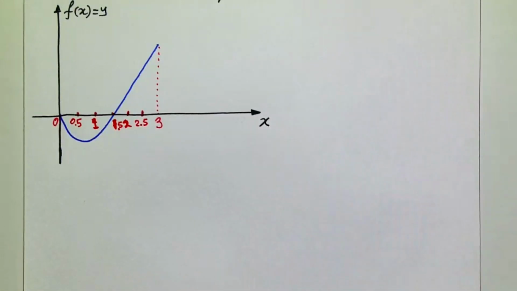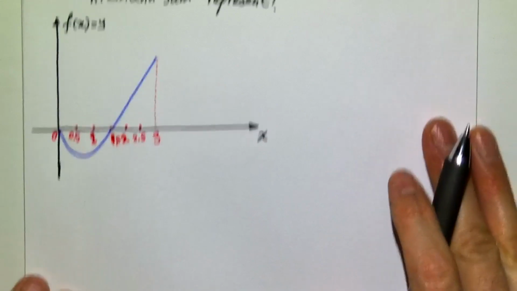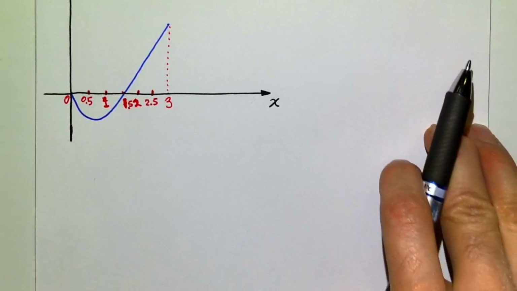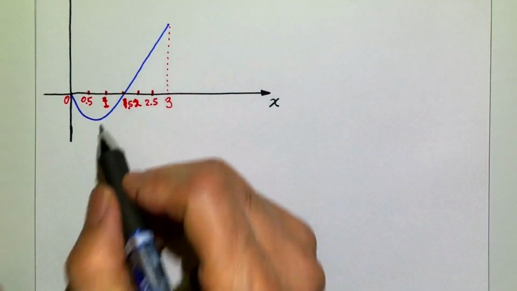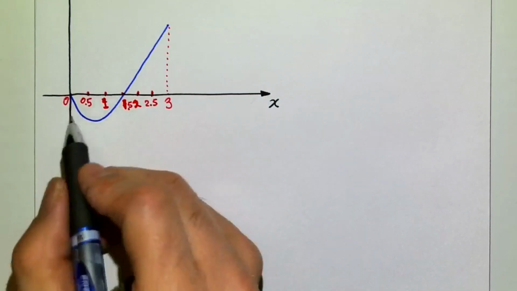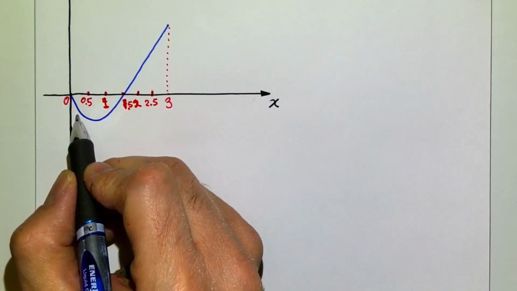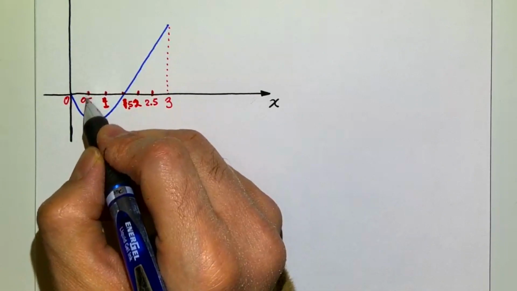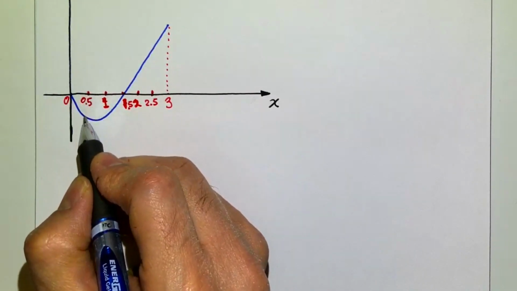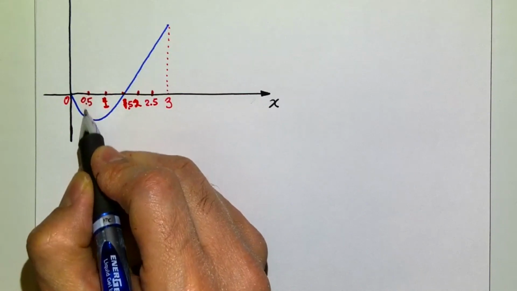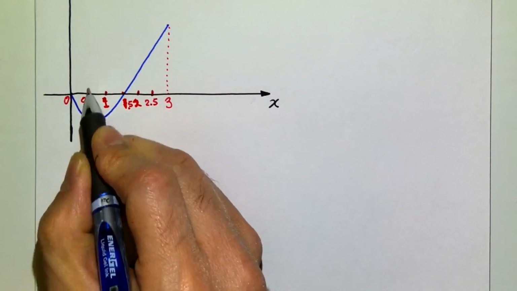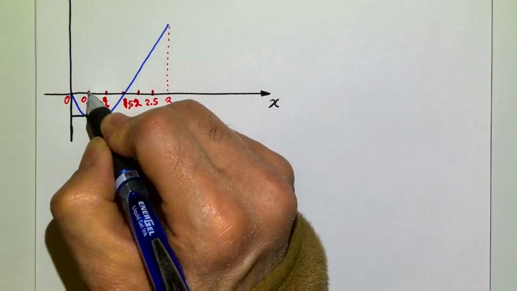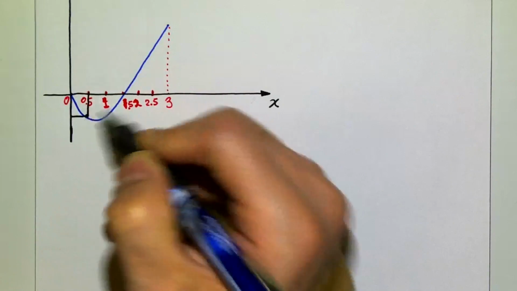Then they want us to use right endpoints. Again, I forgot to bring my ruler, sorry, so I'll try to do this by hand. From 0 to 0.5, using the right endpoint would mean that the right endpoint of this rectangle has to be on the curve. So that's what I'm going to draw.